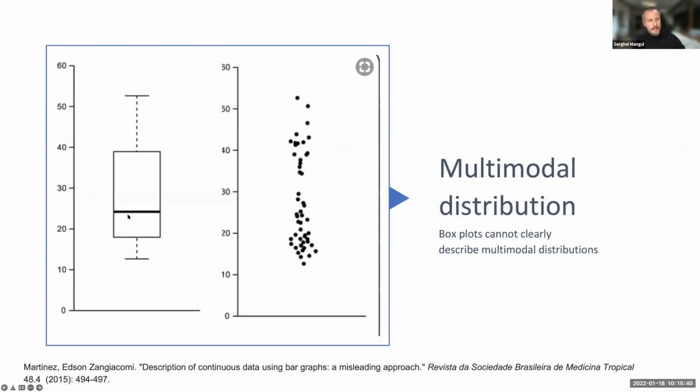So the median is maybe not necessarily that important, and the whisker range is also perhaps not that informative. So giving the audience a possibility to look directly at your data is extremely important, to avoid misinterpretation of the data due to limited visualization.